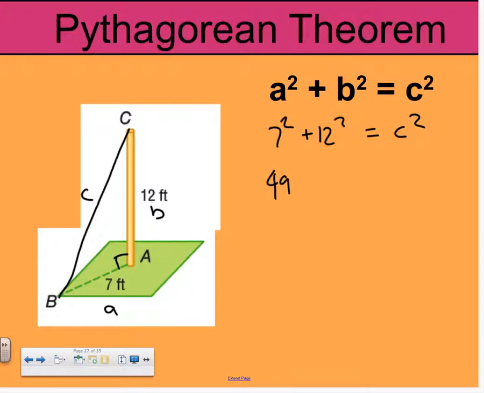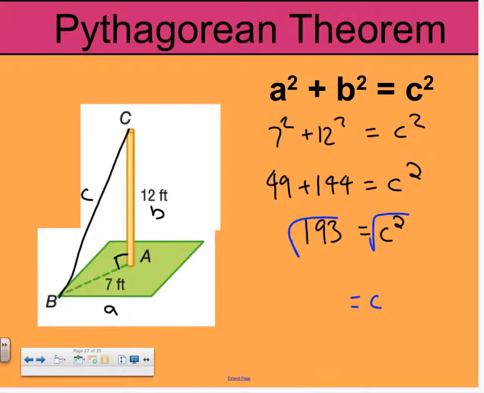That means 49 plus 144 has to equal C squared. Well, 144 plus 49 is going to be 193. And then to find what C is, I take the square root of both sides, and C equals 13.9.